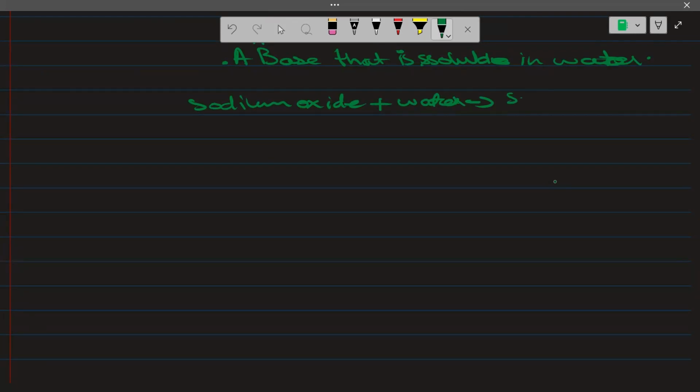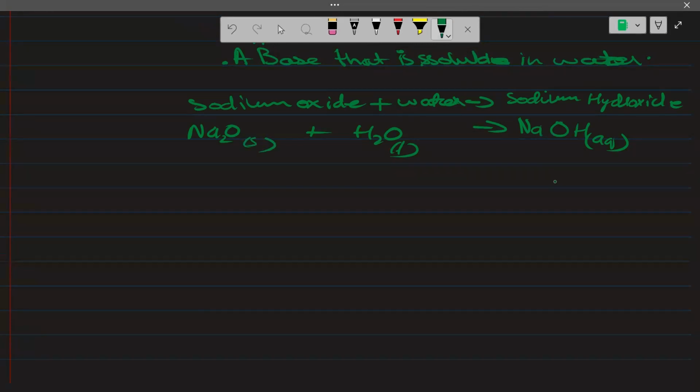It forms sodium hydroxide, NaOH, which is aqueous, from Na2O plus H2O. H2O is liquid, and Na2O is solid. When we do this reaction, it becomes NaOH aqueous.